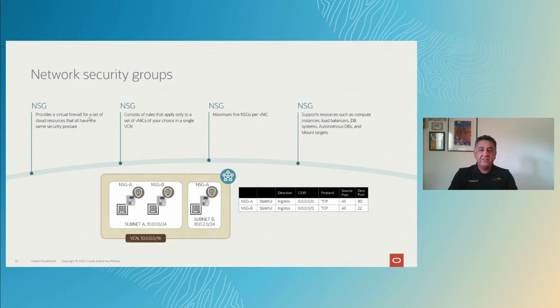So if you have a subnet with 80 nodes and you want to enable port 80 or port 443 for HTTP and HTTPS traffic, that means that all 80 nodes will support that traffic. But you might only have one or two web servers if you have a load balancer, and then 78 additional nodes that don't require that permission.